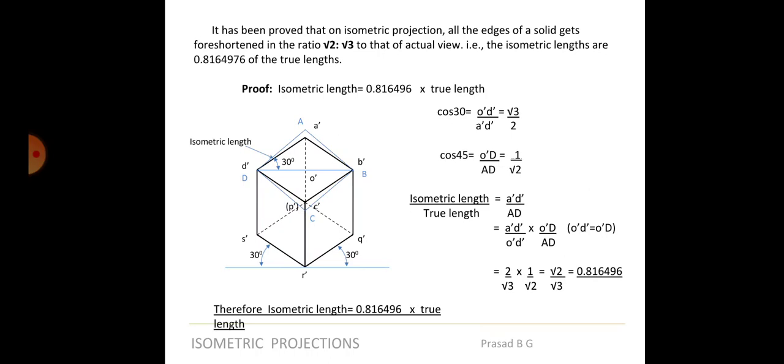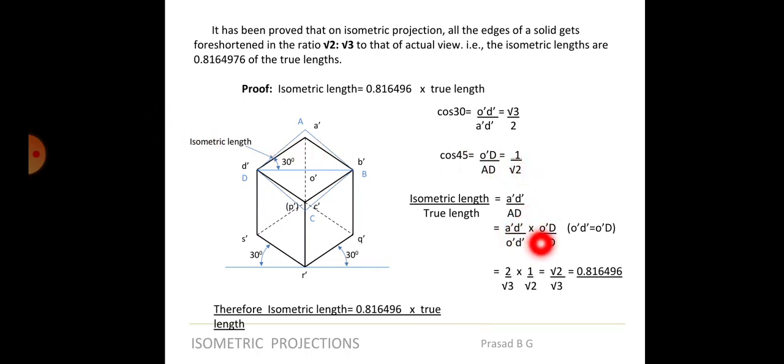Now if I take the ratio of isometric length by true length, that is A dash D dash divided by AD, that will be equal to root 3 by 2 into 1 by root 2.